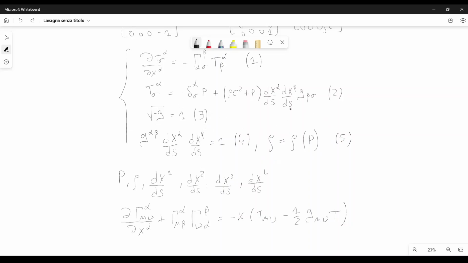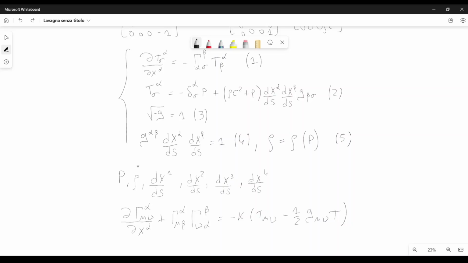So we have 13 scalar equations. How many are the unknowns? Well, the unknowns are 16, because we have 10 independent components of g mu nu, but we also have these components here. So we have 16 unknowns, but only 13 equations. So you might think that we have a problem here because we cannot solve this system of equations.